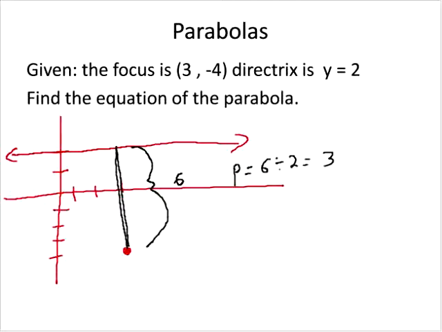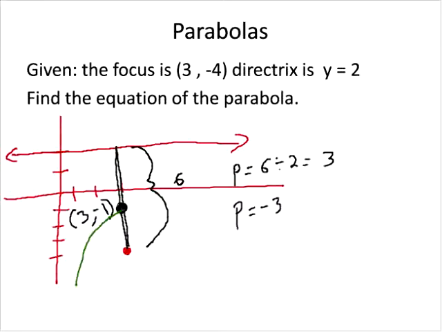So p is a 3, which means our vertex has got to be either 3 up from the focus or 3 down from the directrix, which would put it right about here. And that point is 3, negative 1. Since it's pointing down, our p value is going to be negative 3.